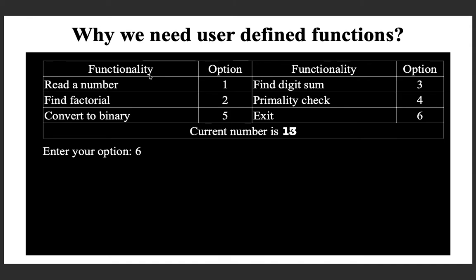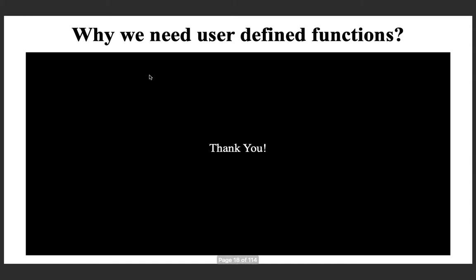Finally, I am going to exit the execution. Then the program finishes. Suppose this is what you want to implement. This looks like a nice program because repeatedly you can perform any one of the various operations allowed on a number. So how will you do this?